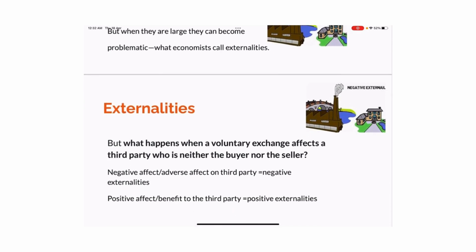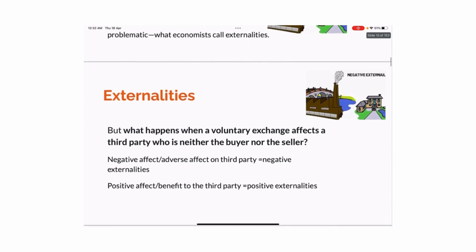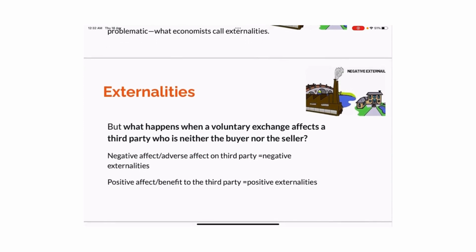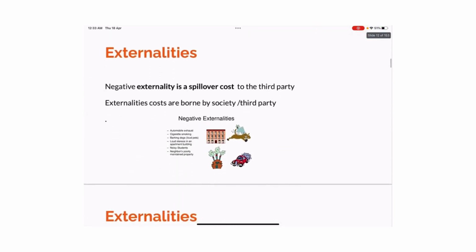So if the effect, as I said, on the third party is negative or adverse, we call it a negative externality. If it is positive to the third party, we would call it a positive externality, right? So this is another way of thinking of externalities, and this concept would become more clear when we take some concrete examples.